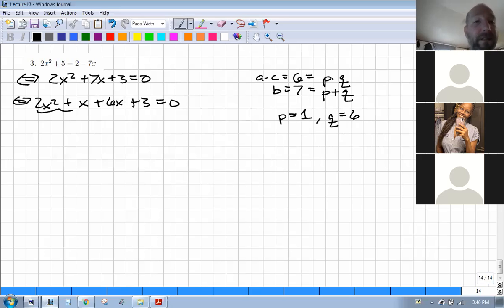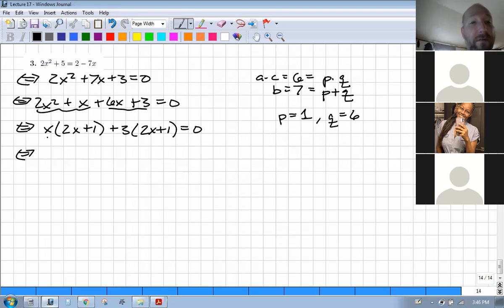Now we could factor this by pulling an x out. We get a 2x plus 1. Over here, we'll pull a 3 out, and we get a 2x plus 1 again. So we have an x and a 3, both times 2x plus 1.